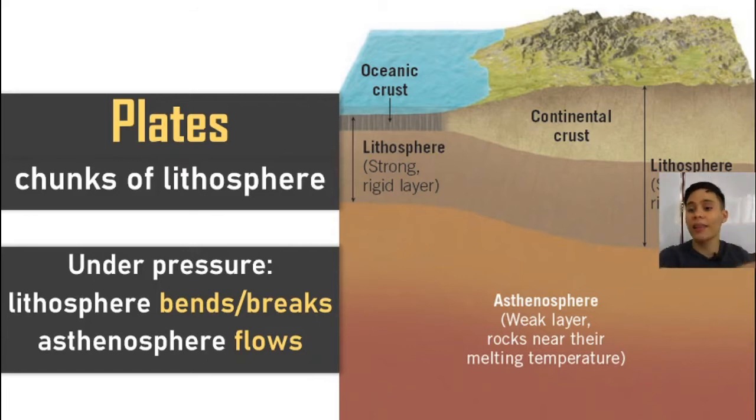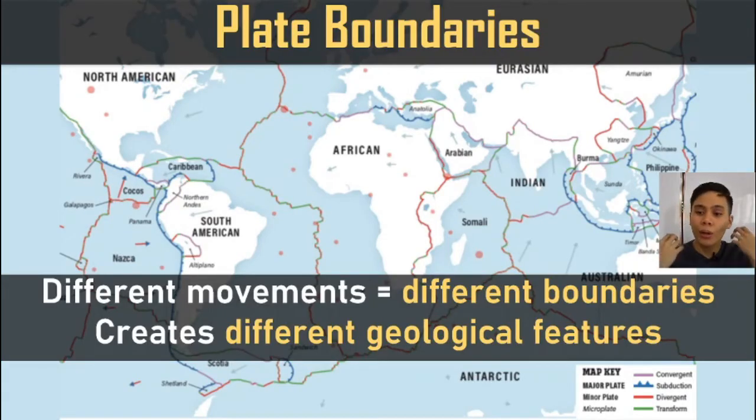So again, lithosphere bends and breaks, asthenosphere flows, and that results in a fluid asthenosphere and a cracked apart lithosphere. So your different plates move in different ways and at different rates, and that causes different types of plate boundaries. And these different types of plate boundaries give different geological features, which you've already seen when we discussed Earth materials and processes.